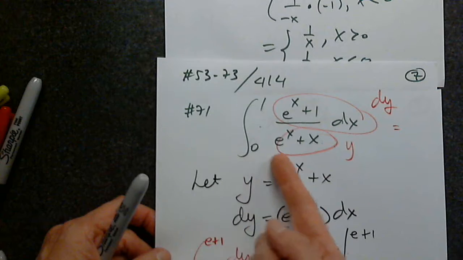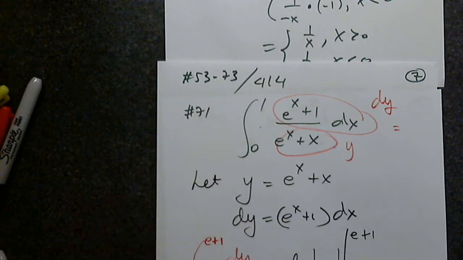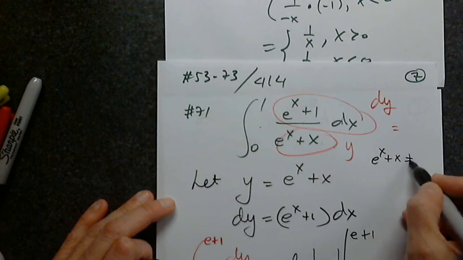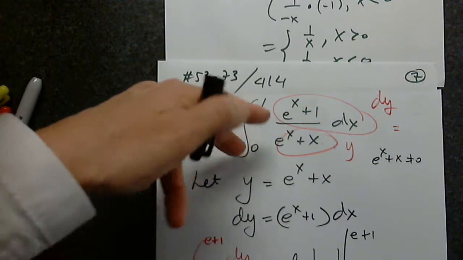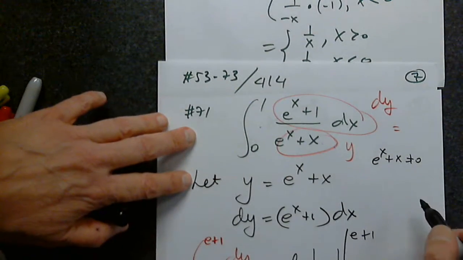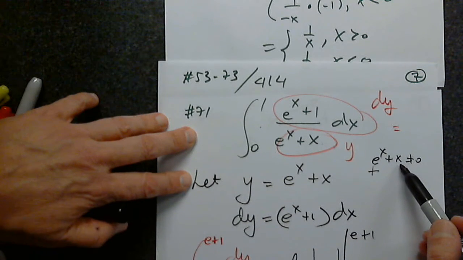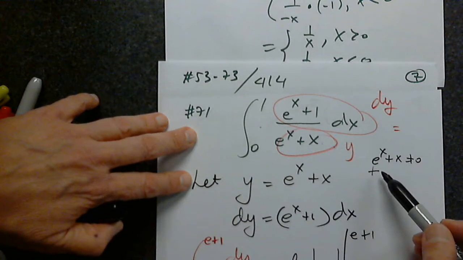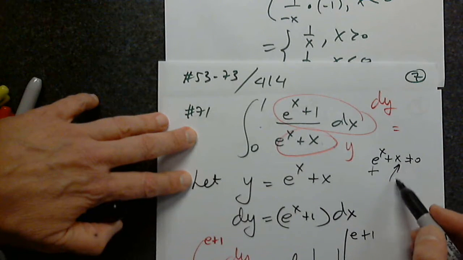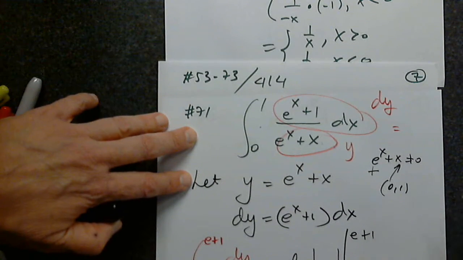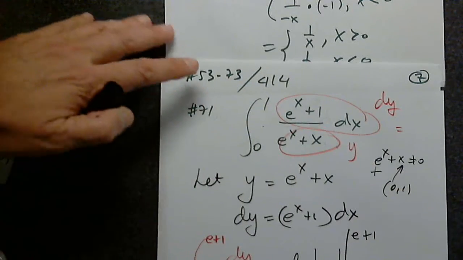Because I have to make sure that e to the x plus x is never 0 on this interval. So e to the x is always a positive number, and I'm adding a number between 0 and 1, so it can never be 0.